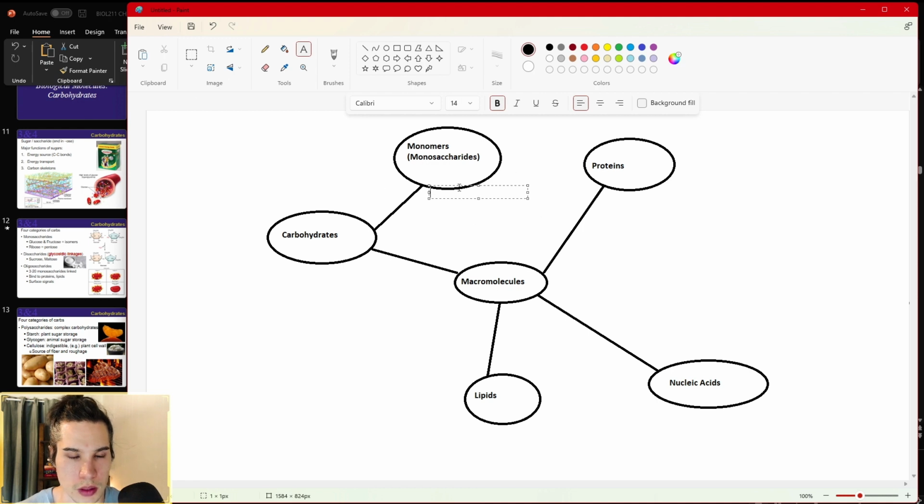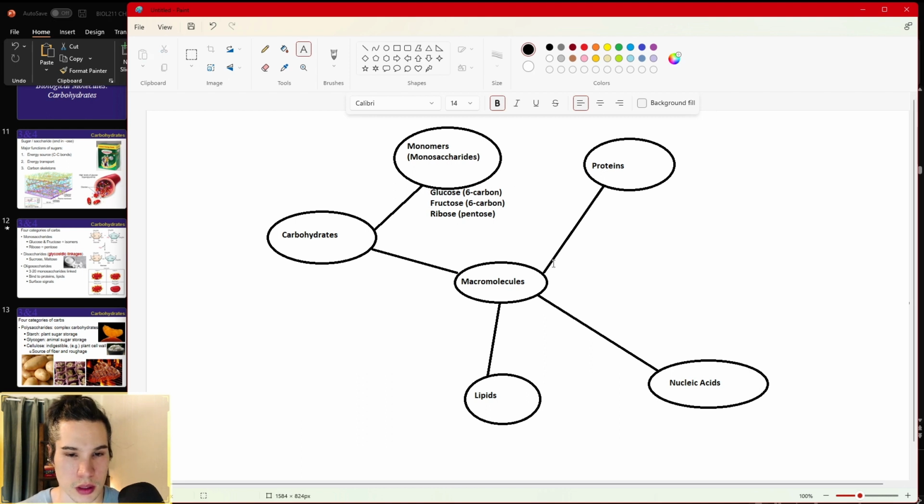So what are the monomers that I covered in the PowerPoint? I list glucose. I list fructose, both of which are 6-carbon sugars. And I also list ribose, which is actually a 5-carbon sugar, or pentose. I'll go back here and list 6-carbon. Fructose is a 6-carbon. Cool.